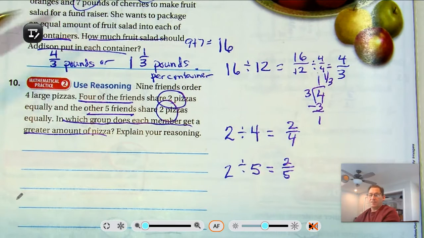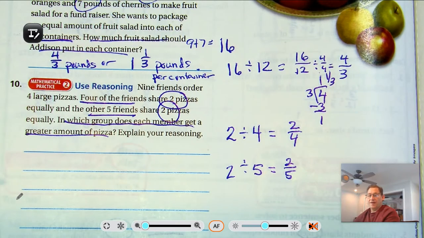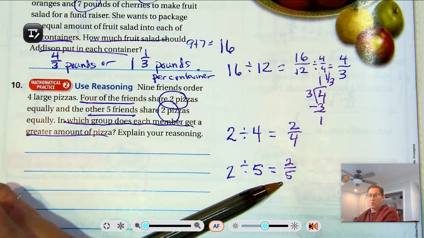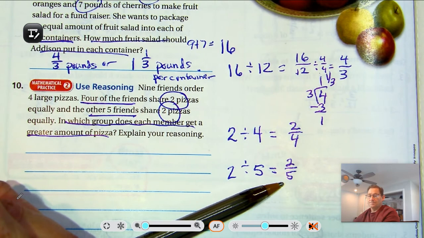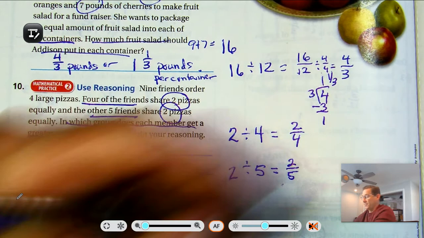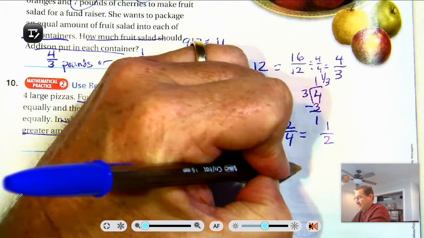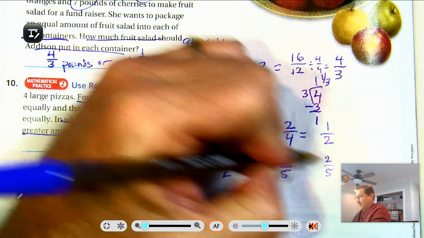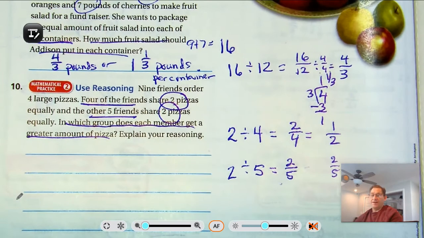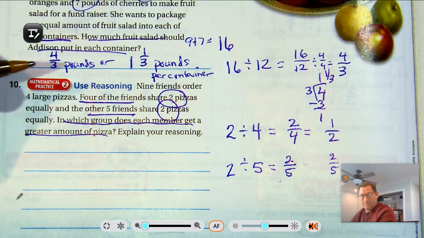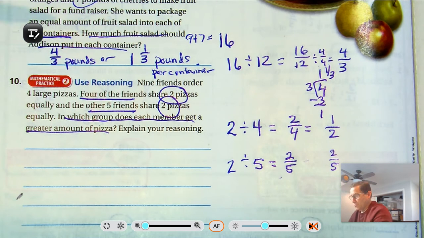Now, we know from our discussions in 3rd grade and 4th grade math that the larger your denominator, the smaller the pieces. So the more people you're sharing with, the smaller the pieces are getting. So 2/4 is the same as 1/2. And a half is bigger than 2/5. So which group?